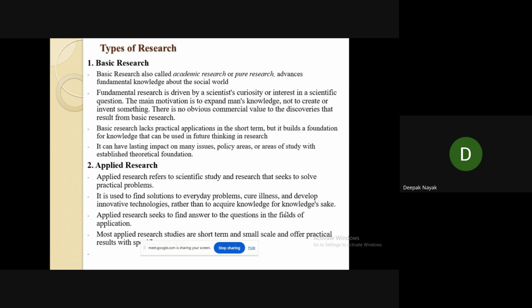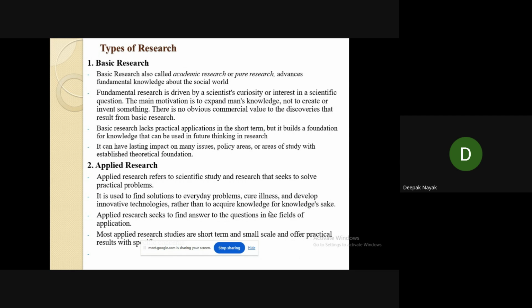Then the next kind of research is applied research. Applied research is also a scientific study that seeks to solve practical problems. Unlike basic research, it has a practical focus. It emphasizes the application of the findings or the knowledge gained from the research.